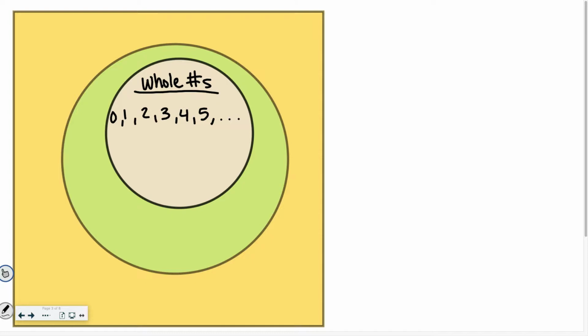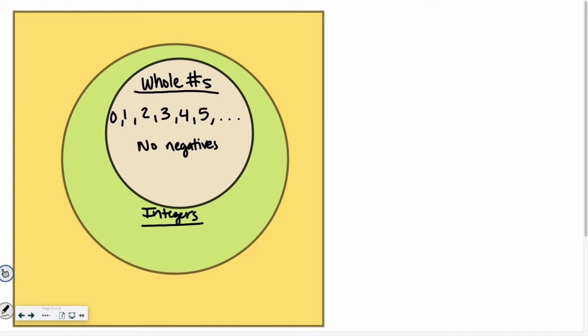However, notice I didn't list any negative numbers. So whole numbers do not include negative numbers. Okay, so whole numbers, no negatives. Then the next circle, that green circle, is reserved to describe integers.